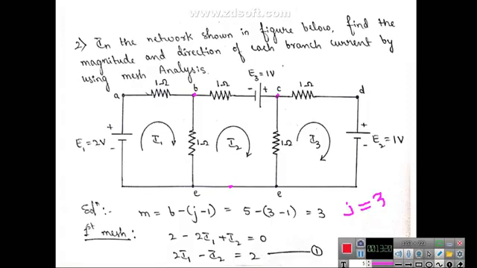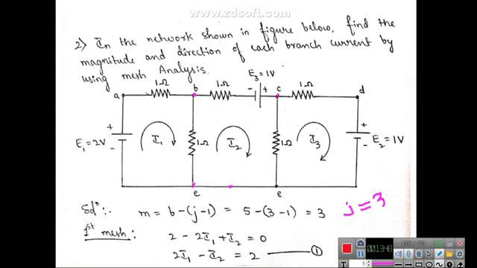So what is a branch? A branch is nothing but the elements coming across a pair of junction points. If we consider the pair of junction points B and E, these 2 elements, 1 ohm and the 2 volt source, are connected in series across this pair of junctions.